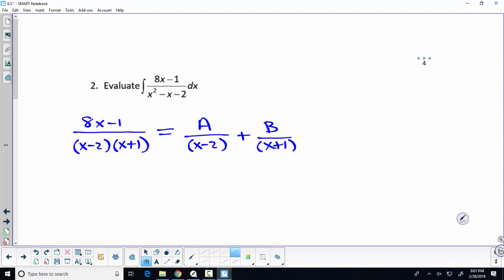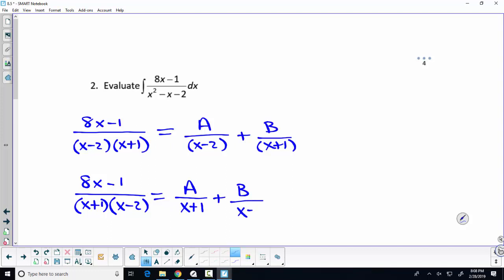But somebody else could have factored this and they say, well, this factors as x plus 1 times x minus 2. Therefore, they would have, yeah. It doesn't matter, but whatever you get for A here, you would get for B here. So however you set it up, just stick with it.